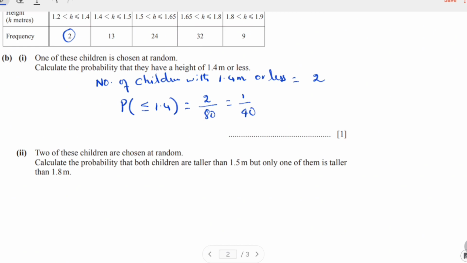Now in the second question, we had to choose 2 children at random.